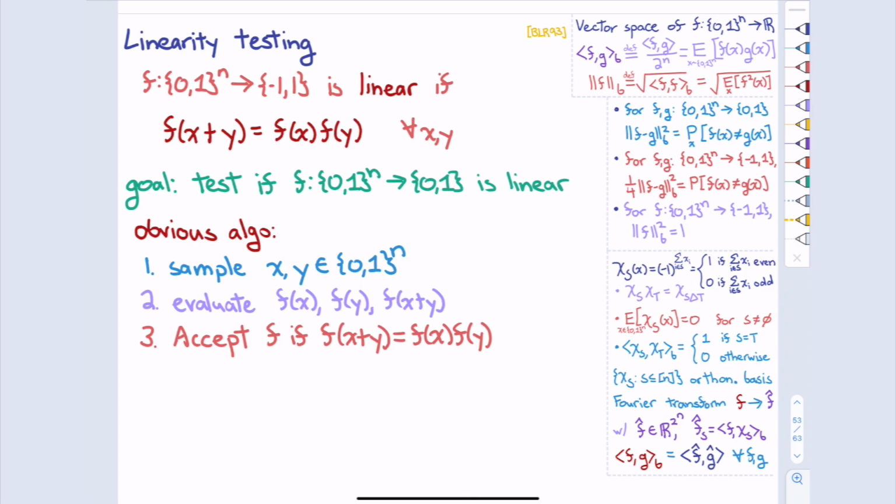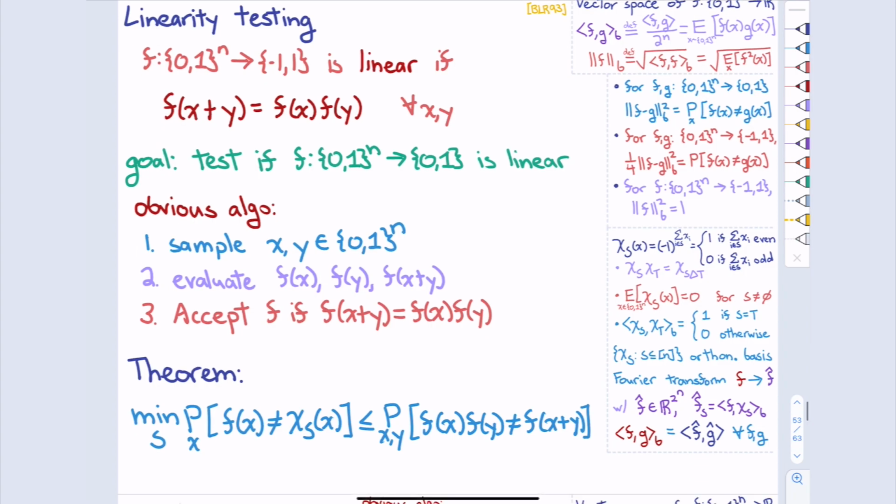All right, so the algorithm itself is not too complicated. Then the analysis will take up the rest of our class, and hopefully not too much more than that. Okay, so here's the intermediate theorem statement.